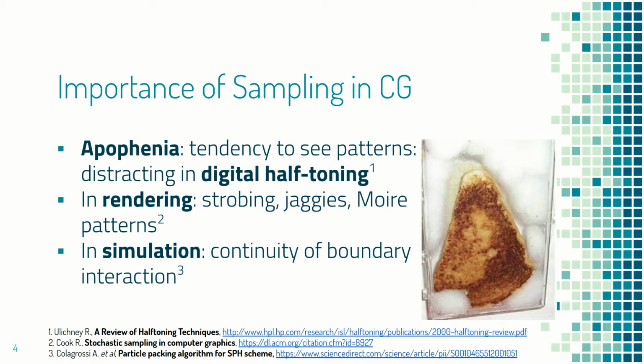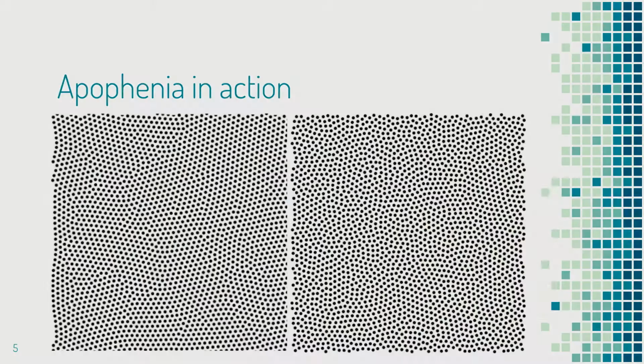In simulation, it's a problem in particle-based simulations where we might have a boundary between two different types of fluid, or a fluid and a surface. The sampling of the boundary particles can really affect the nature of the interaction, and I do have some examples of that later.